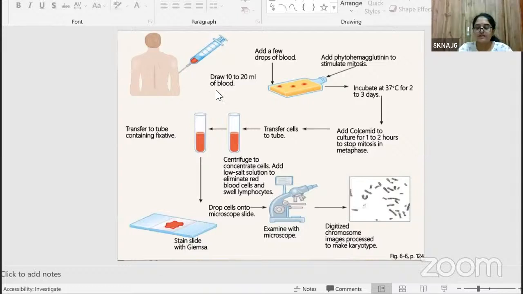The pellet containing the cells is treated with hypotonic, that is low salt concentration solution, so that chromatids get separated. Then the cells are suspended in a fixative. The fixative is basically glacial acetic acid and methanol in the ratio 3:1. Then after 3 successive changes of the fixative, cells are suspended and then they are stained.